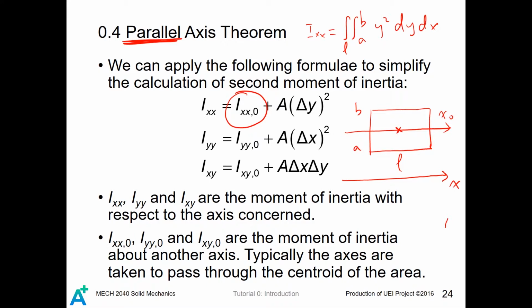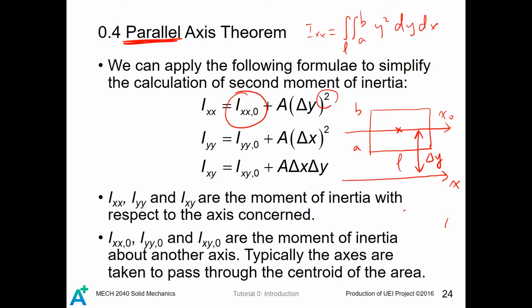What I wish to introduce is that we can actually use the parallel axis theorem to get rid of using the double integral. What does that mean? I believe it has already been taught in your year 1 physics course when talking about the mass moment of inertia, but for the area moment of inertia, it is rather similar. You will have your entire area times the vertical distance delta y squared.